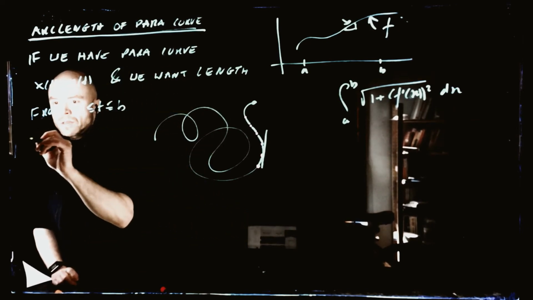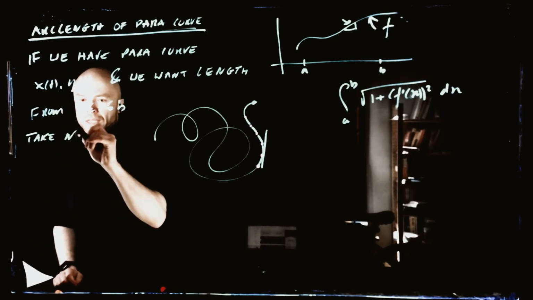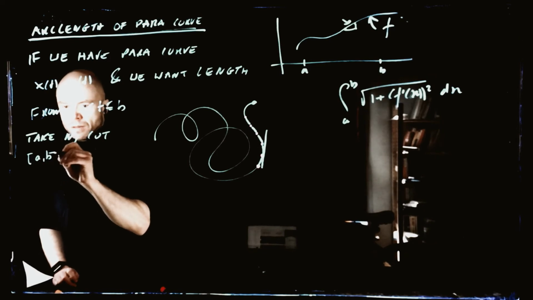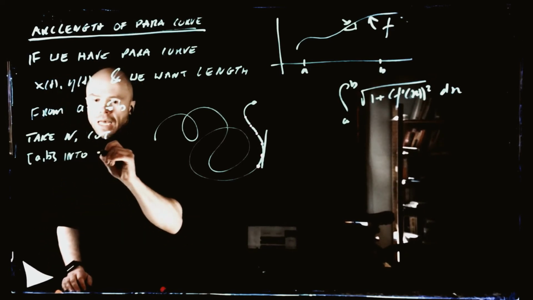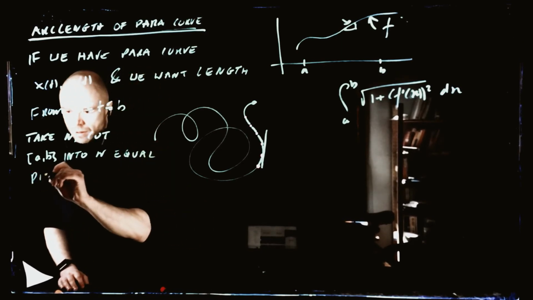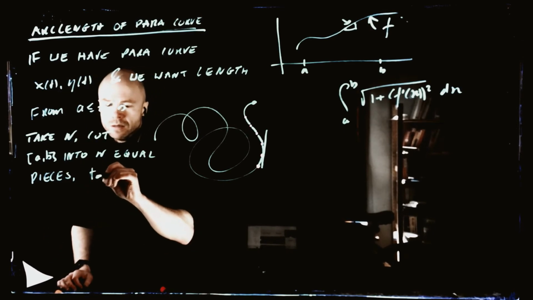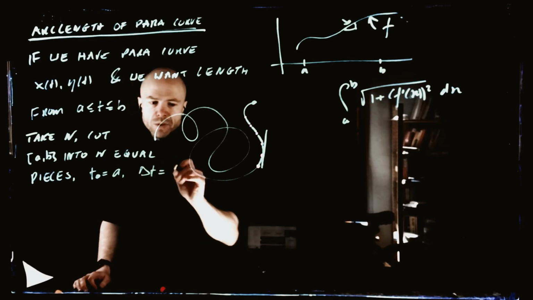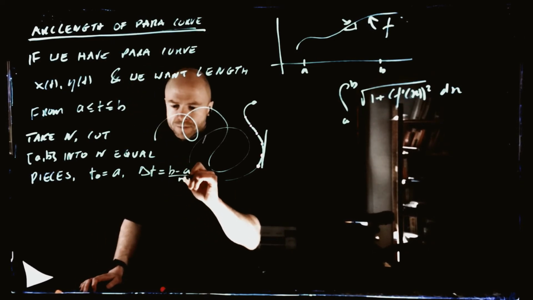So take large n and cut the time interval a to b into n equal pieces. We let t0 be equal to a, we let delta of t be b minus a over n.